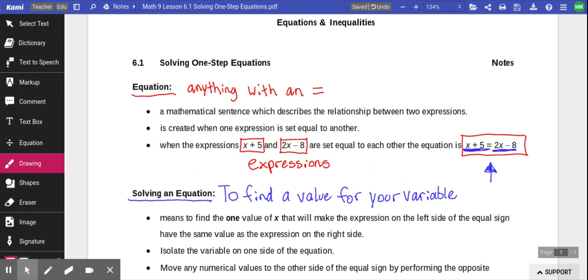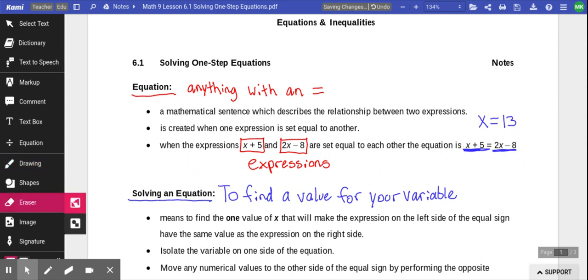So, for instance, if we pretended that the value of x was equal to 13. Sorry, yeah, so we pretend it's x equals 13. What you would have is an expression that is now equal to another expression.